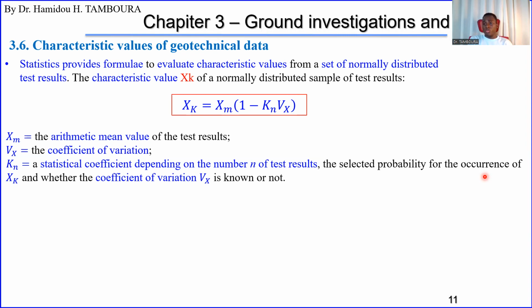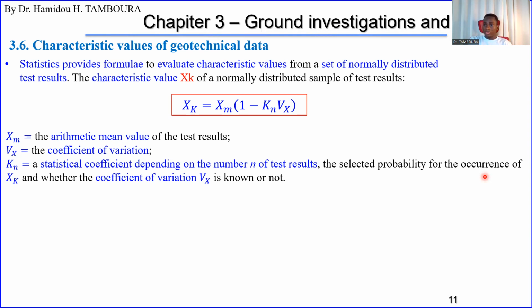So what is the probability for you to obtain exactly 40 on the field test during the construction? Because you have 4 test results and each test will give you a different result, all the 4 results are different.